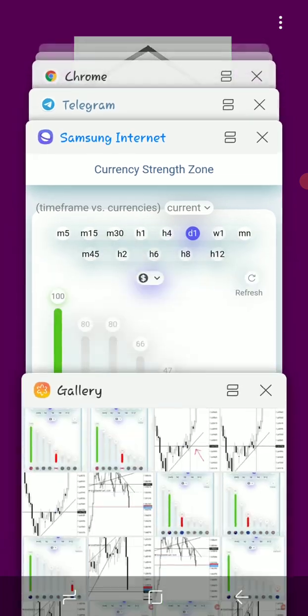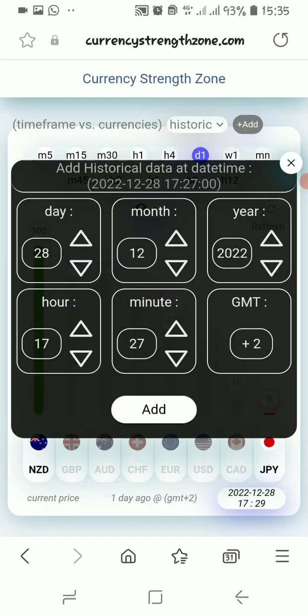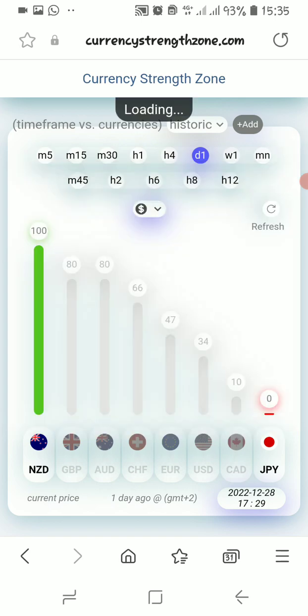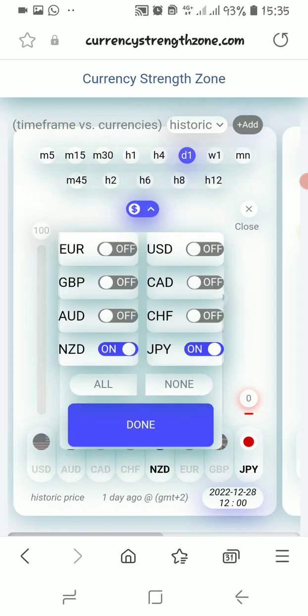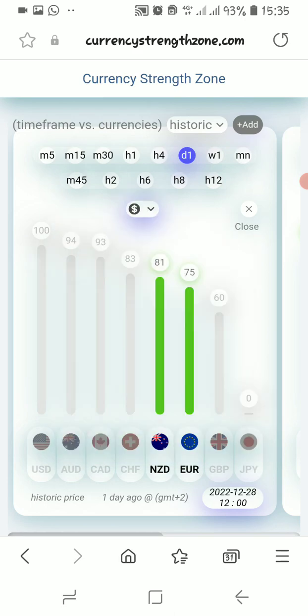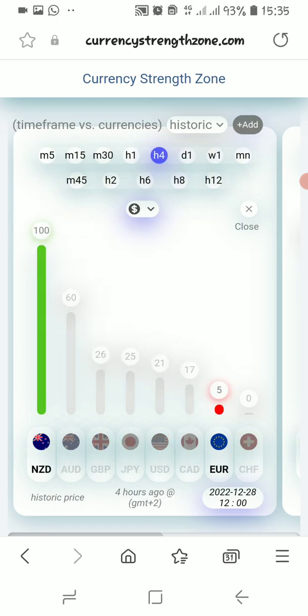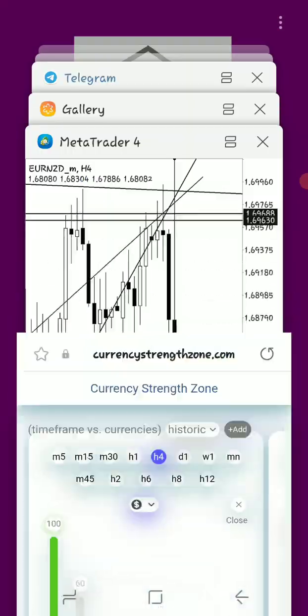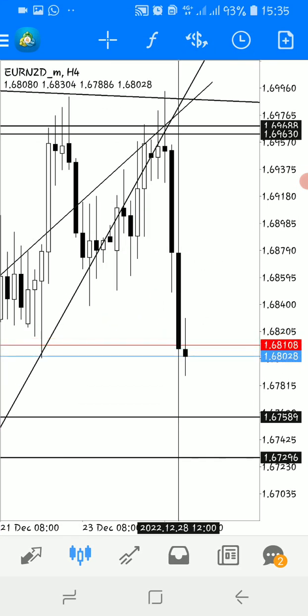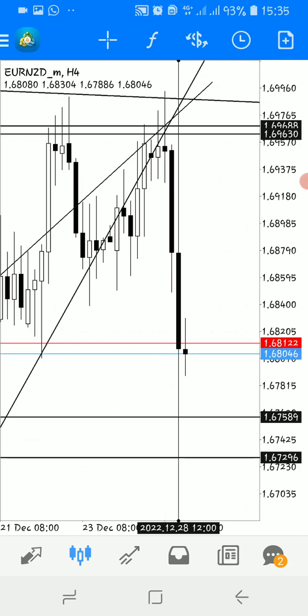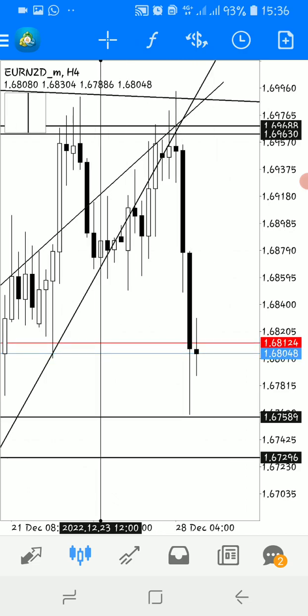This currency strength meter has historical data, so you can go back to 12 o'clock. Then we check the strength of Euro and New Zealand. Sorry, it was on the 4 hour time frame.